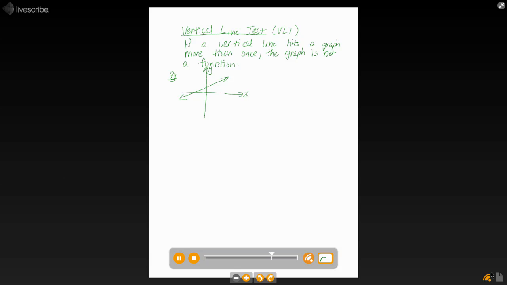I wish I had a ruler or something. So if you run this pen along, you'll notice how many times does the pen hit the line that I drew? Once. And keep going. Once, once, once, right? It can't hit the line more than once. It would have to bend over and go back, right? So is this a function? Yes. It's a function if it only hits it once.